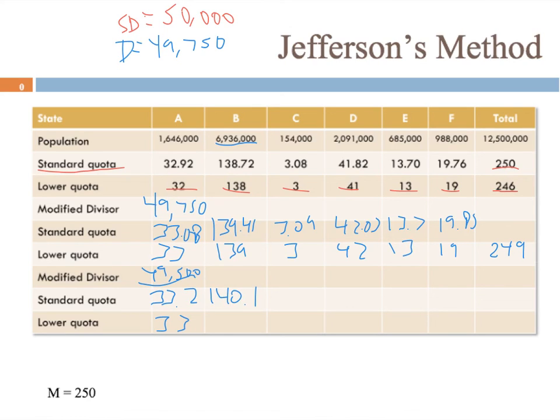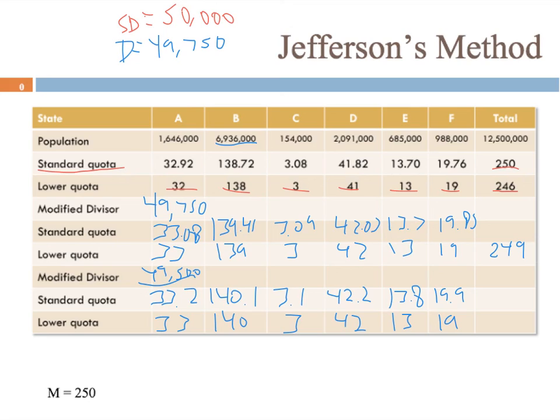So this changed a little more, so 140. Next one is going to come out to be 3.1, so 3 again. State D will get 42.2, so it rounds down to 42. State E will get 13.8, still rounds down to 13. And State F will get 19.9, so close, but still rounds down to 19.